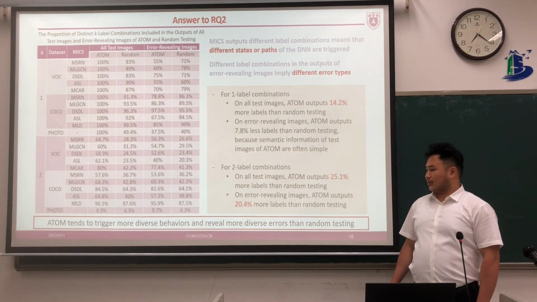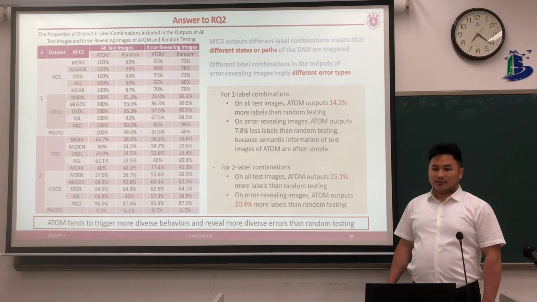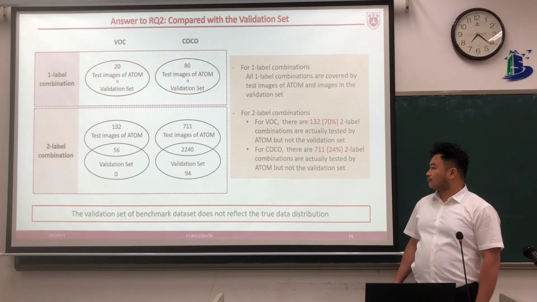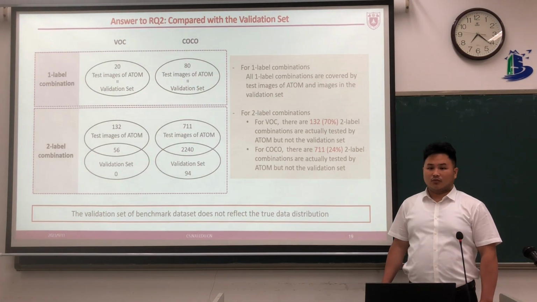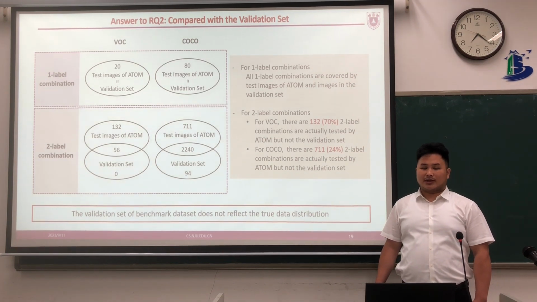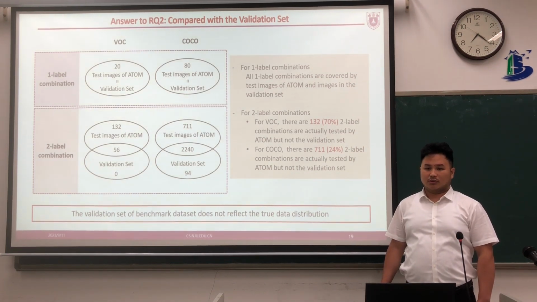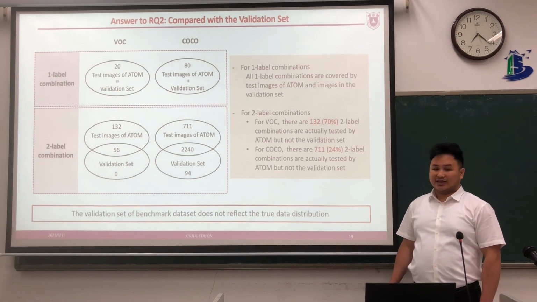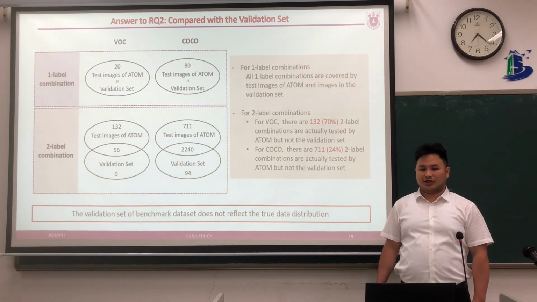Experimental results show that ATOM can trigger more diverse behaviors and reveal more diverse errors. In addition, we compare label combinations covered by tested images of ATOM and images in the validation set. We can see that the validation set may not reflect the true data distribution.